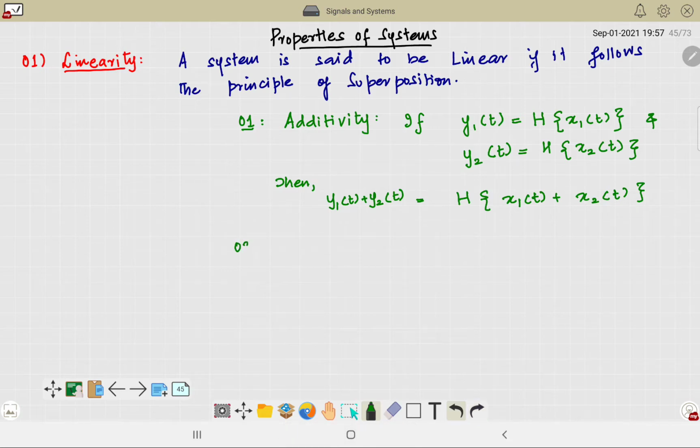The second criteria of the superposition principle is what's known as homogeneity. In some textbooks they call it the scaling property.